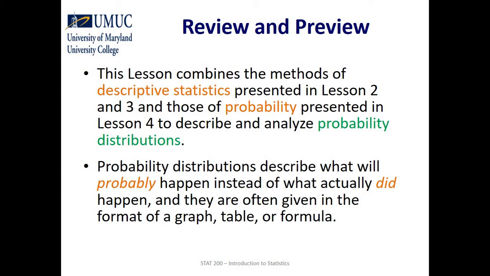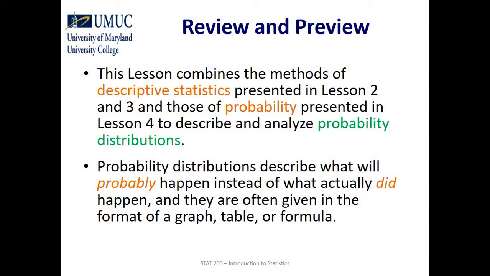So a quick review and starting the preview. This lesson combines some of the stuff that we learned from descriptive statistics, from lessons 2 and 3, with the probability that was presented in lesson 4, the last couple of lectures. And it does this to describe and analyze probability distributions.